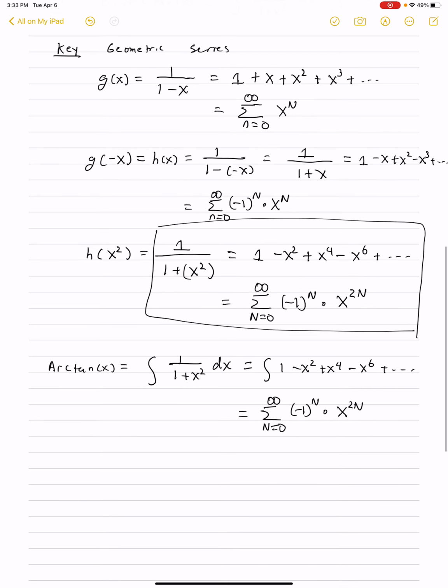Either way I integrate this, if I integrate the series, the antiderivative of 1 will be x. Antiderivative of minus x squared, I'll get minus x cubed over 3 plus x to the 5th over 5 minus x to the 7th over 7. Apologize there. The denominator of x to the 5th should be 5, of course.